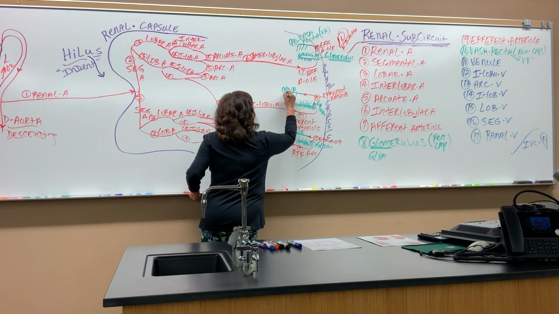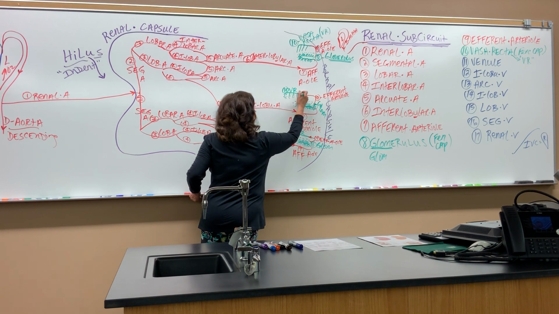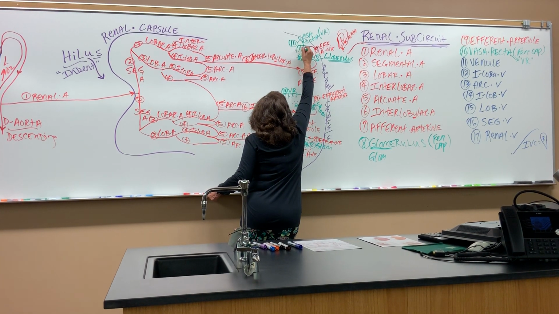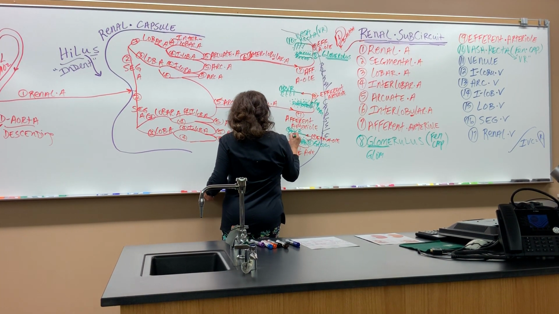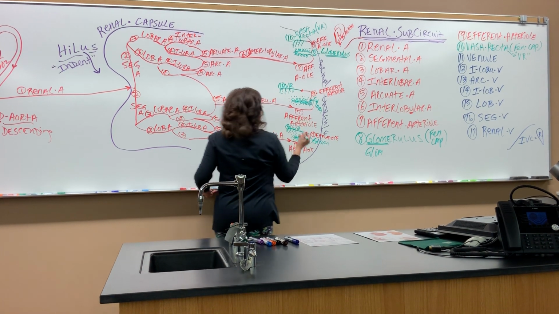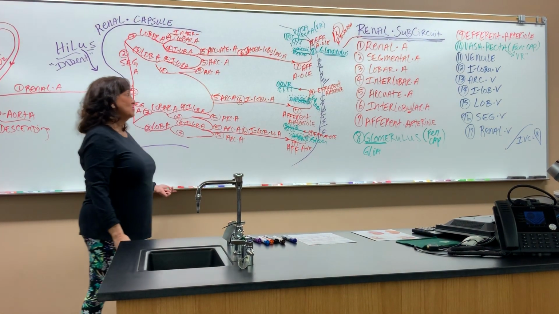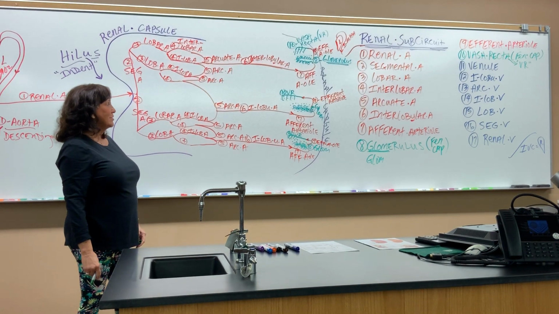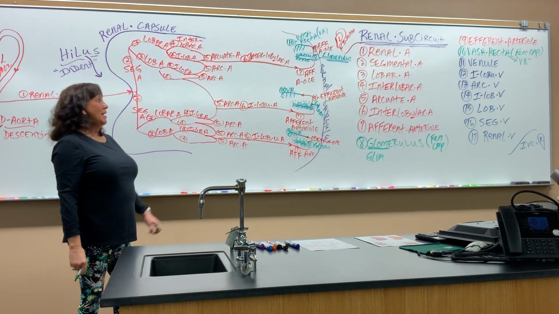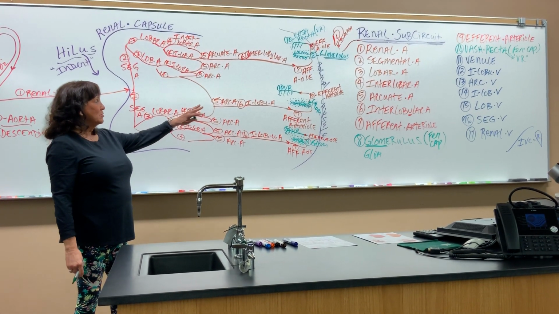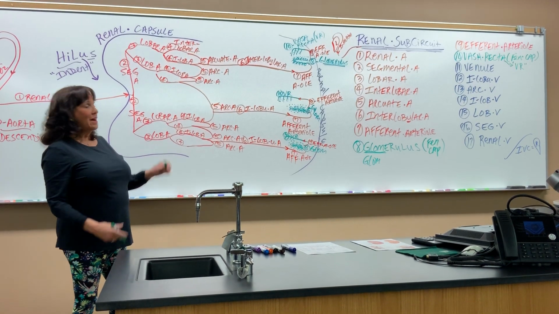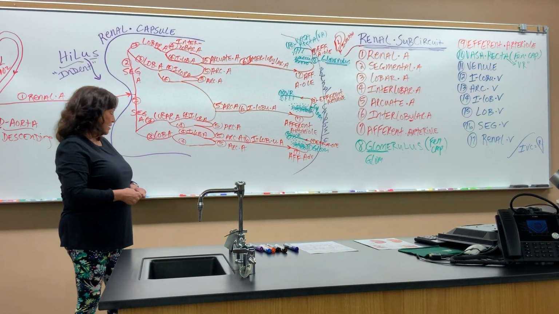All right, so now we have plasma that's going to be coming out of here also. Plasma moving around this. All right, so those are our 2 sets of fenestrated capillaries. Now the blood has been filtered, the plasma has been filtered, and now it's going to return to the right side of the heart.